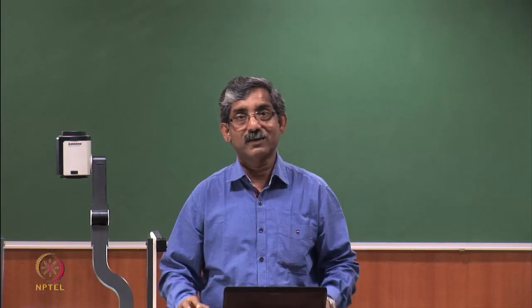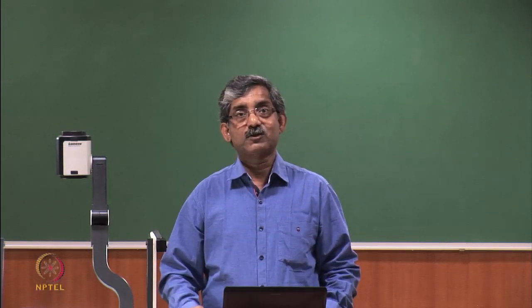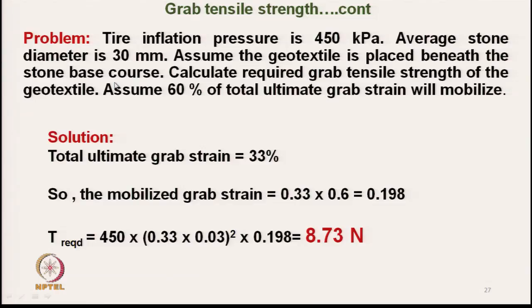Average stone diameter is 30 millimeter. Assume the geotextile is placed beneath the stone base course, calculate the required grab strength of the geotextile. Assume here 60% of the total ultimate grab strength will be mobilized. So, only 60% will be mobilized.